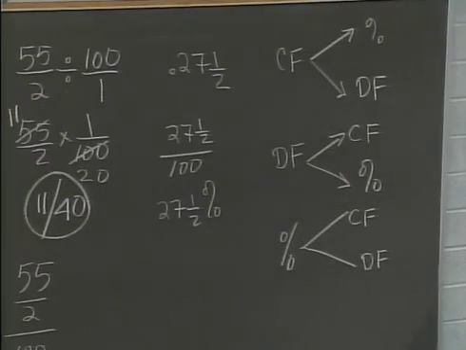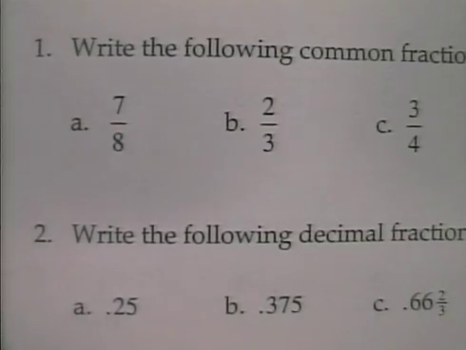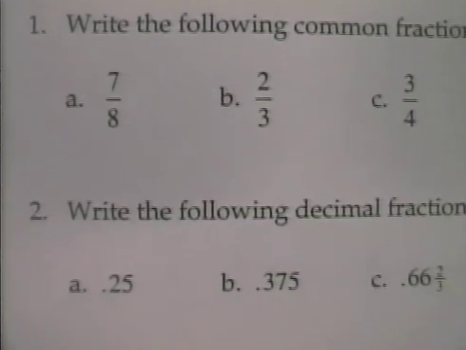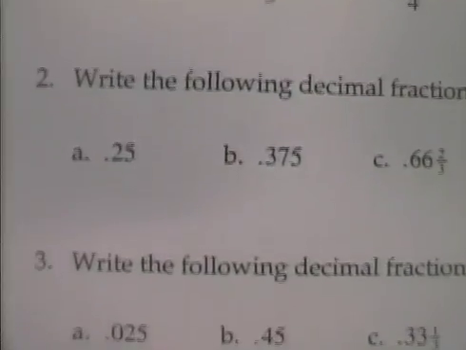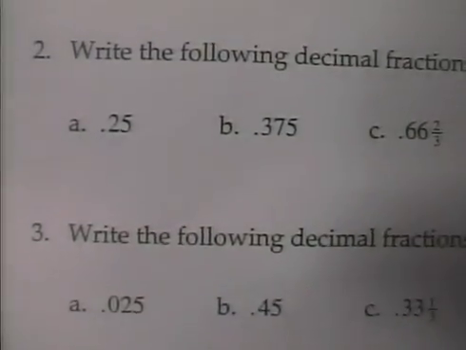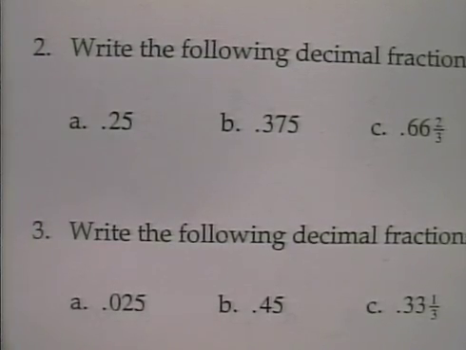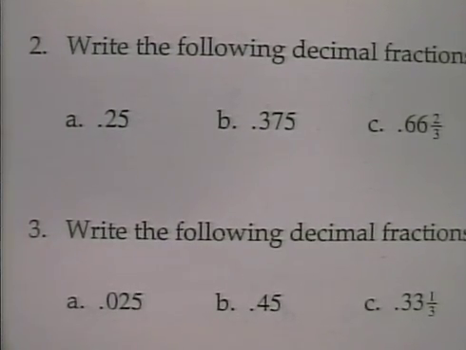So let's come back to page 181 as I go to the document cam. In the second problem, I'm saying start with these decimals and give me a common fraction. Then the third one, I'm just going to scroll up here. So I scroll, and let's see if I can try to get that a little bit cleaner. I start with the decimals, and I'm doing what in number 3?